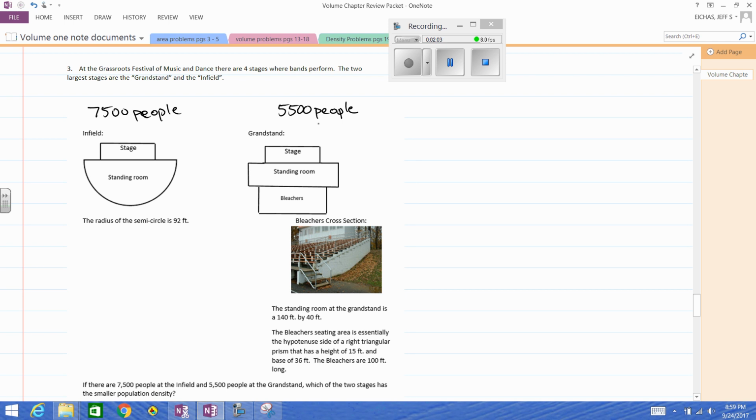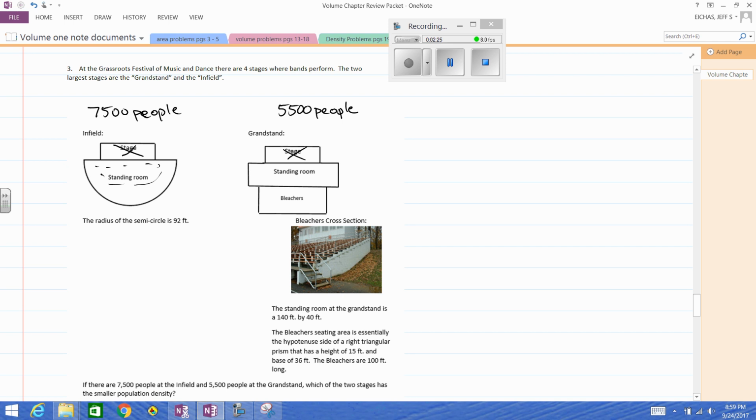So what that means is fewer people per square foot. I don't know if the drawing's to scale, but we're going to assume it's not. So what we've got to do is determine, I'm just going to go with this area in here. I'm not going to count the stage on either one of them.